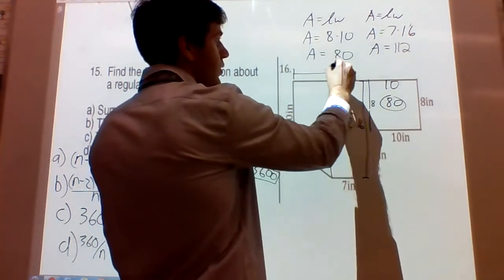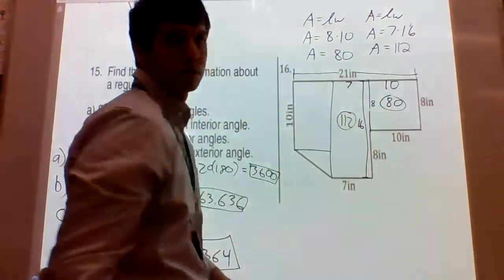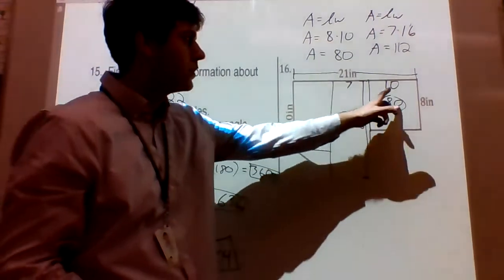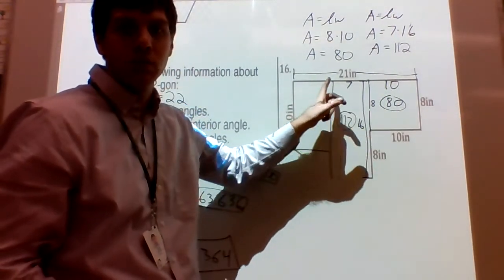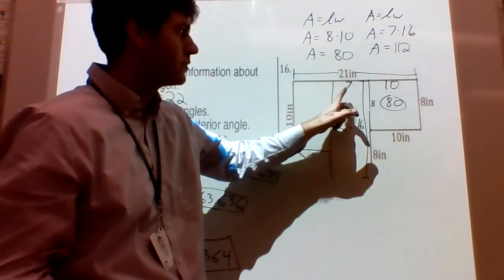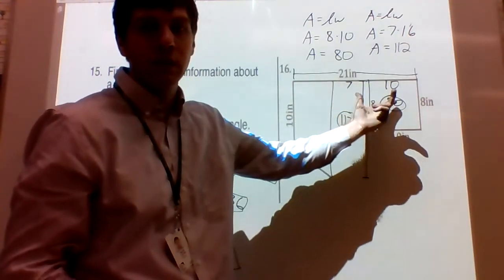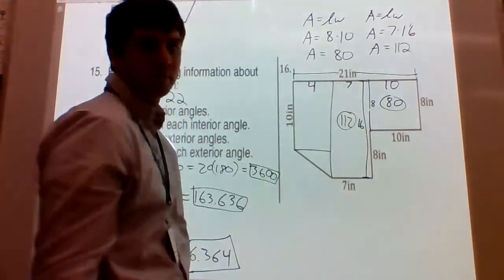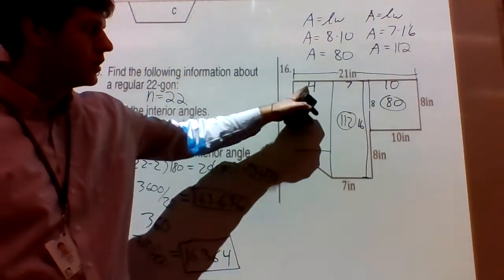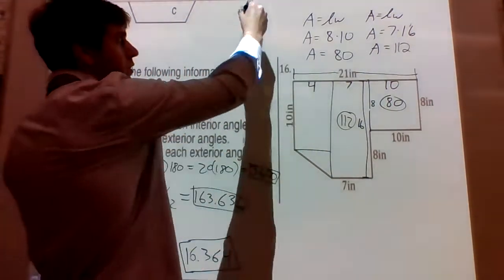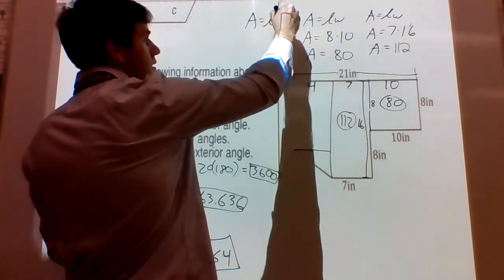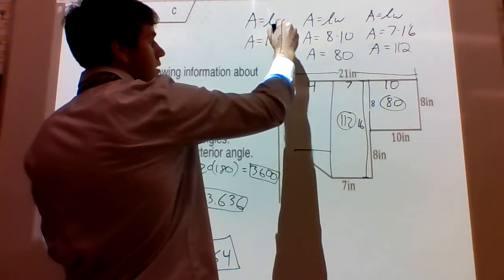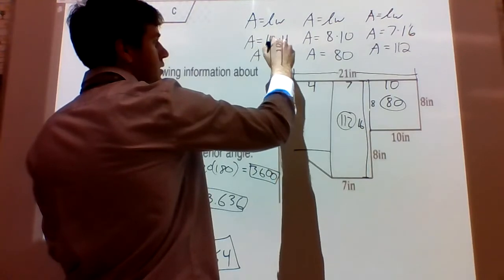We know this whole thing is 21. So 10 plus 7 plus whatever this is should be 21. So we can do 21 minus 7 minus 10. So 7 and 10 is 17. 21 minus 17 gives us 4. So we know this rectangle is 10 by 4. 10 times 4 is 40.